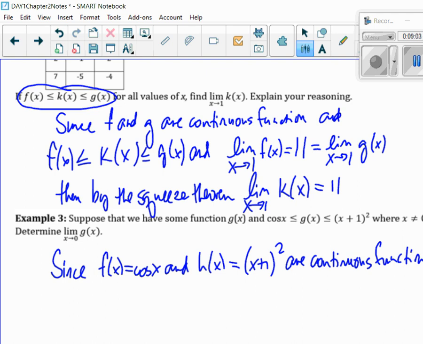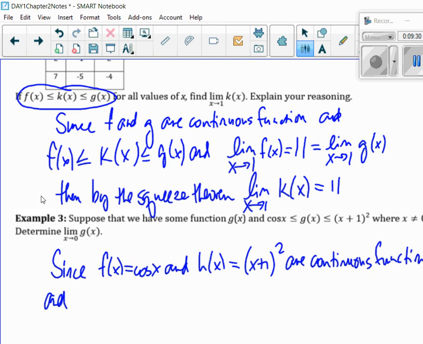The next thing we have to do is state that they're between each other. And here's another thing about the AP College Board. If I have specified that f of x is cos x, now I don't have to write cos x. I could actually write it as f of x, because you've told me what it is. So you could say, and f of x is between h of x.